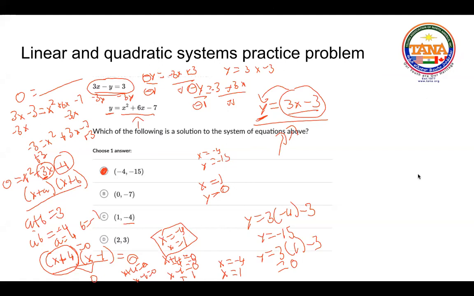I have a question about how you factored x squared plus 3x minus 4. So how did you factor that? A way of doing this is, you have x squared plus 3x minus 4, right?